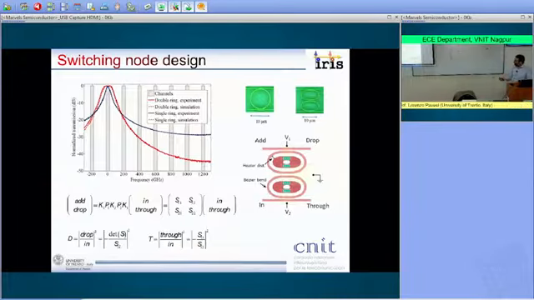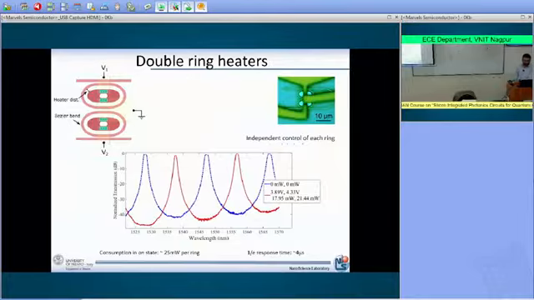Then, in order to switch the channel, so in order to trim the actual channel that we are working on, we place a heater on top of the two microring resonators. And then we demonstrated that it is indeed possible to tune the resonance position by simply injecting current, by simply powering the single microring resonator.